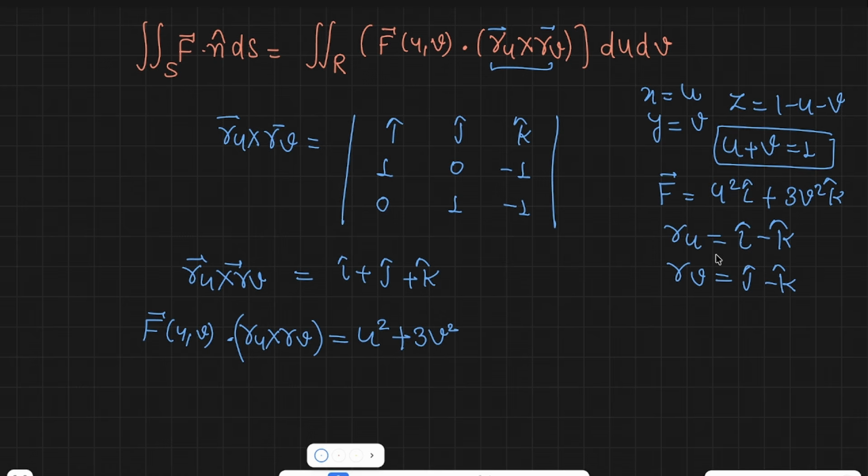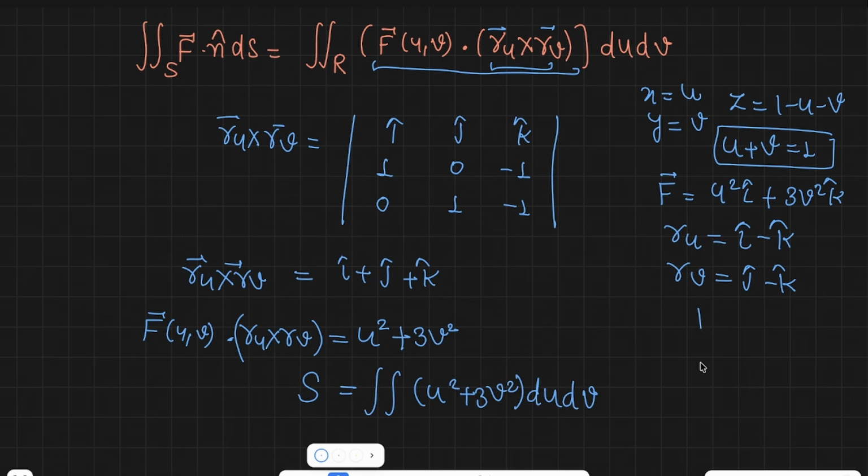So from here, apply this formula. This whole thing is u square plus 3v square, so the surface integral will be the double integral of u square plus 3v square du dv, and this was your triangle. This is (1, 0), this is (0, 1), and this is uv.